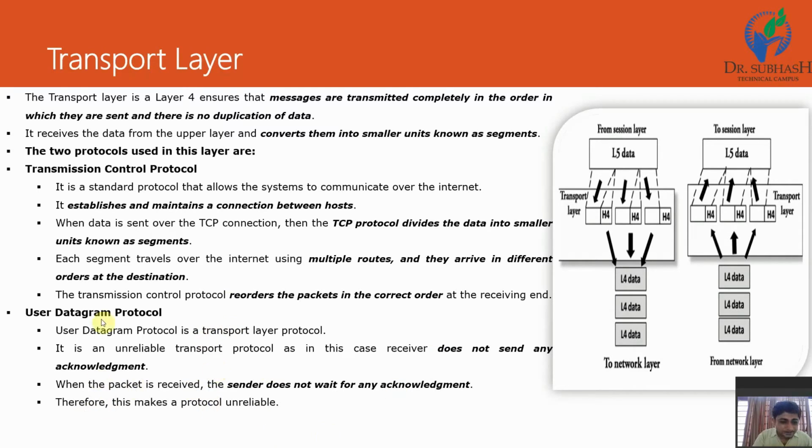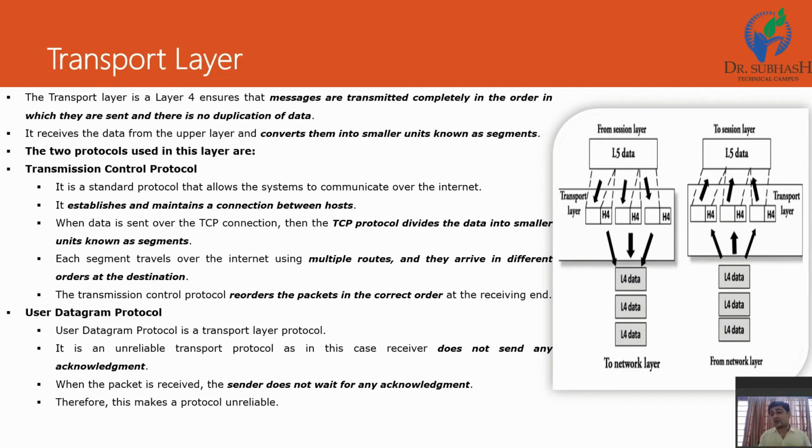Same like the User Datagram Protocol. The user datagram protocol is a transport layer protocol. It is an unreliable transport protocol, as in this case the receiver does not send any acknowledgement. In TCP, we can get back the ACK bit, the acknowledgement bit. TCP provides it after completion of transmission from source to destination.